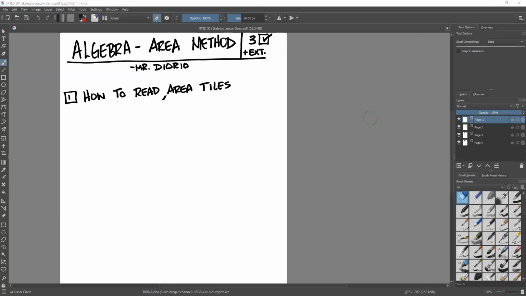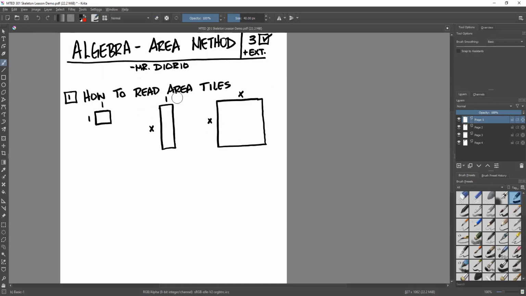The first one is a 1 by 1, which is like this. It's a square that's 1 by 1. And then another thing is a rectangle that's 1 by x. So it's an x tile. And the last tile is an x by x.